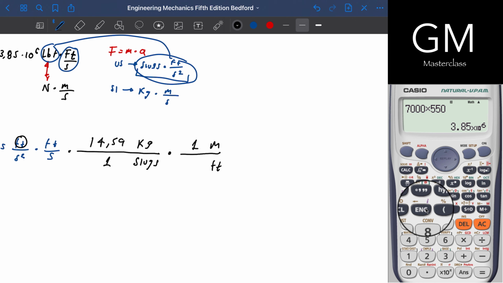And I know that 1 meter is equal to 3.28 feet. And I have to do the same thing here. So I have to multiply it by 1 meter divided by 3.28 feet. Or what I can do is to evaluate this division to the second power, which is the same thing.